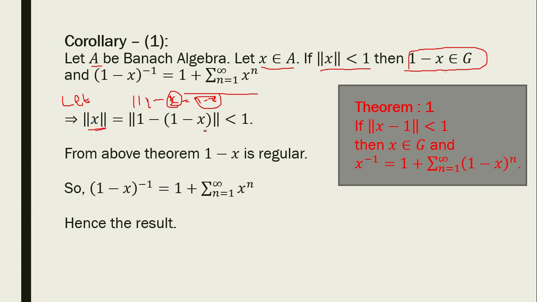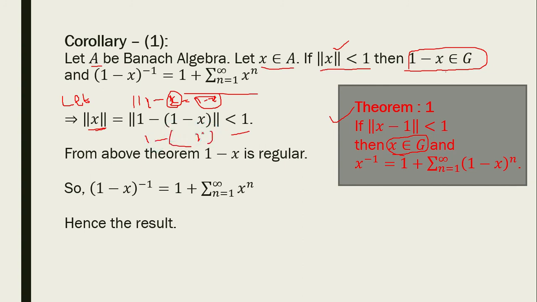We know this theorem: if norm (x minus 1) is less than 1, then x belongs to G. This is norm (1 minus x) less than 1, so x belongs to G.